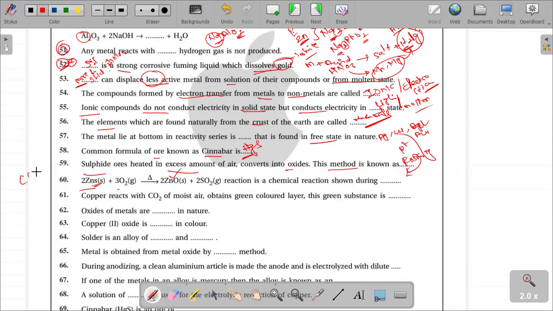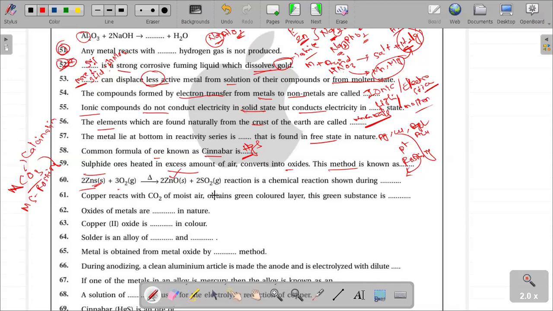If any metal is with carbonate, CO3, then it is calcination. If any metal is with sulfur, then it is roasting. You have to remember like that. If any metal with carbonate, it is calcination. If any metal with sulfur, it is the roasting method.